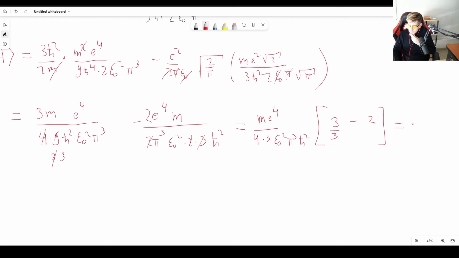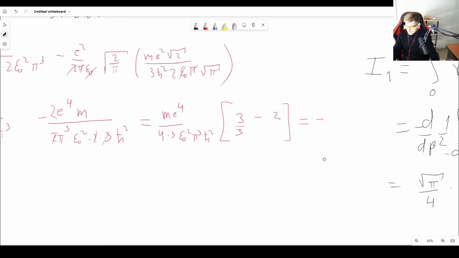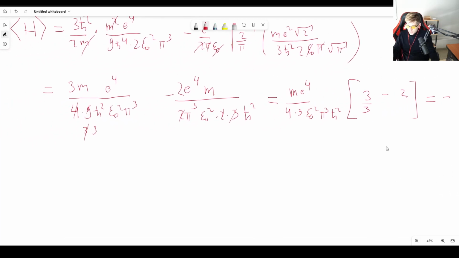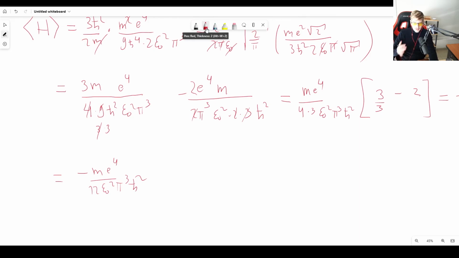So we get minus, actually I'm running out of space, so let me do it down here. So minus m e to the fourth over 12 epsilon 0 squared pi cubed h bar squared. And this is in principle correct, but we would like to have an actual number.